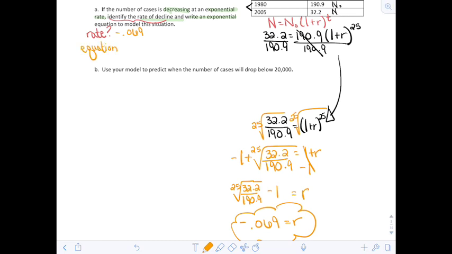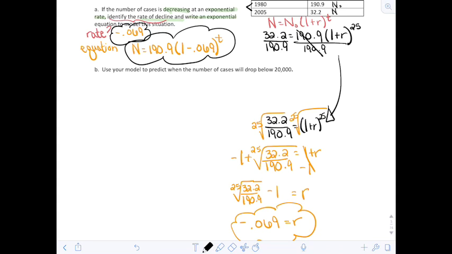Now that we have the rate, what would the equation be? We can plug the things in that we know will not change according to this data. So N is equal to N sub 0. The initial is the initial. And then 1 plus a negative, or minus, 0.069 to the t power. We can leave that right there as our model, and we have our rate.